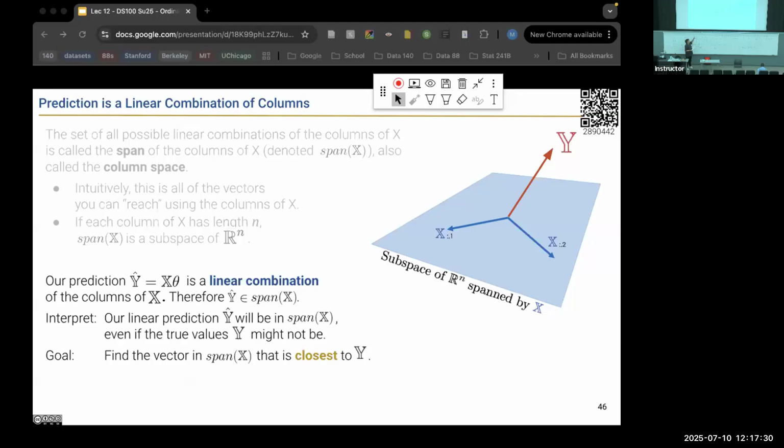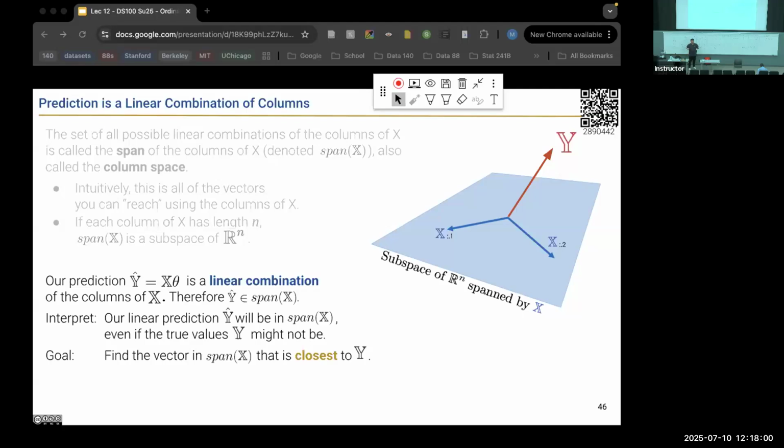And we just saw that X theta, a matrix multiplied by a vector, can be written as a linear combination of the columns of X. And what does the linear combination of the columns of X make up? It makes up the span of X. So my y hat is going to be in the span of X.